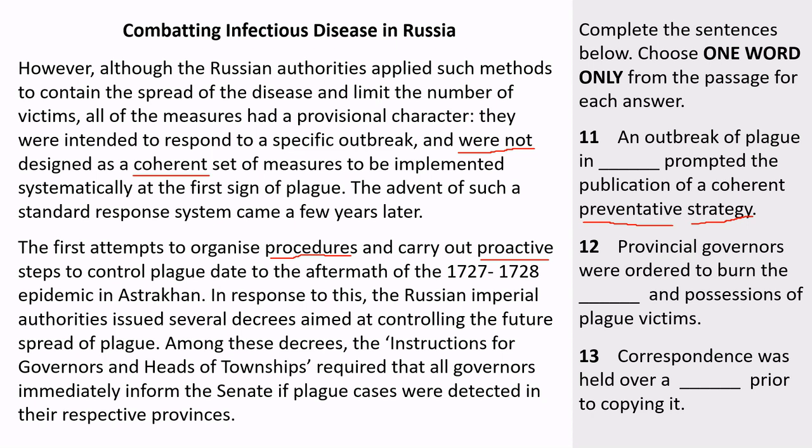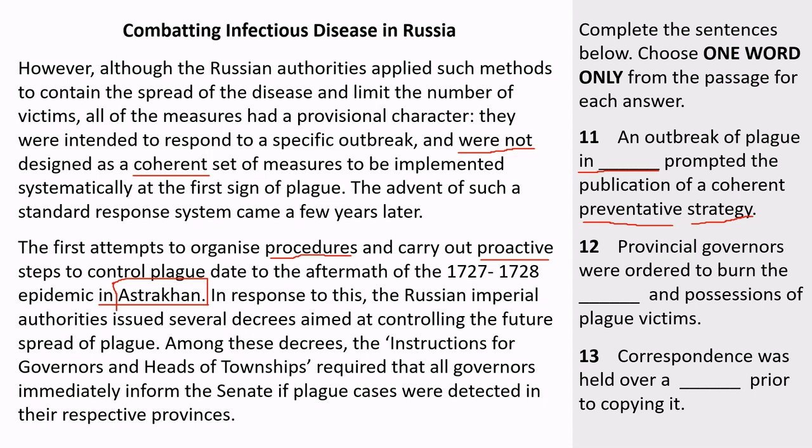So we have found our answer there, actually. The proactive steps occurred during the aftermath of the epidemic in Astrakhan. So that is how we use keywords to find the location of our answer and then choose the correct answer.